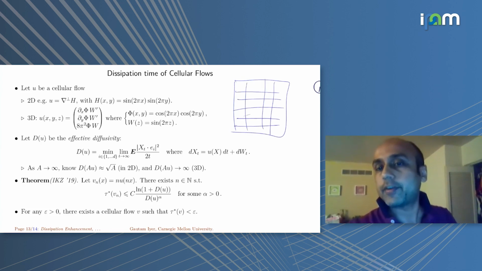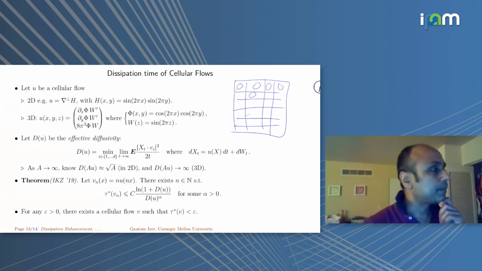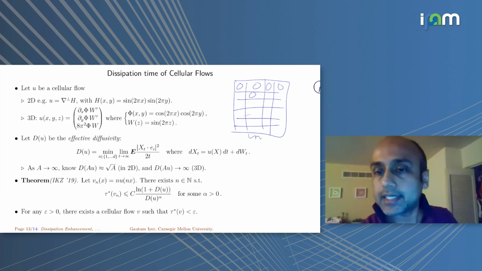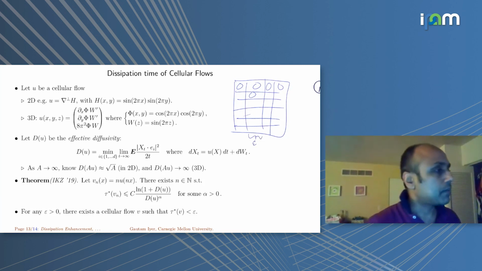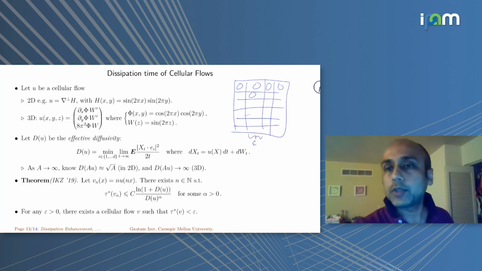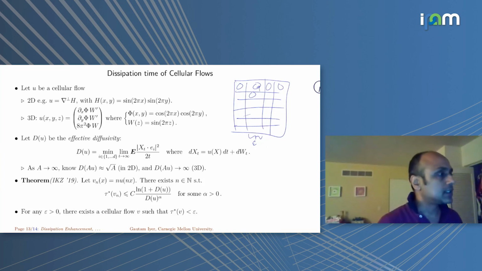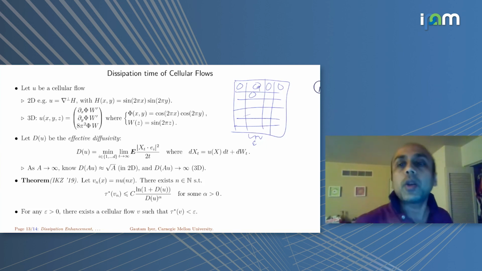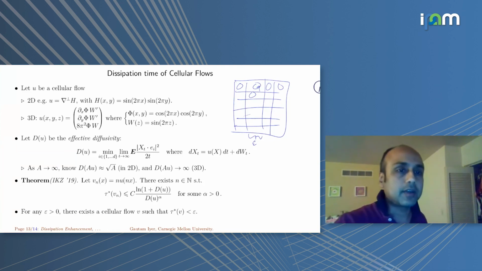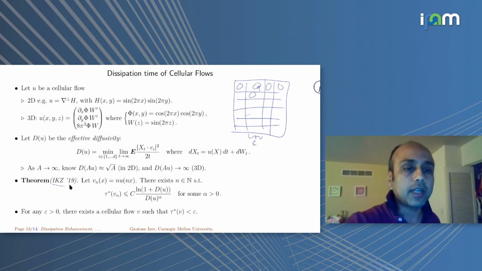Here's a stream function, let's say sine x, sine y. Scale it so that this size is epsilon. Multiply it by large numbers so the velocity field is fast. If you do this, you can always make the dissipation time small enough. This is a theorem that we had in the paper with Andre.